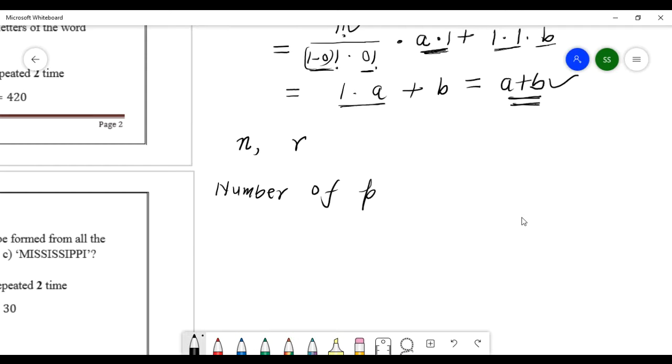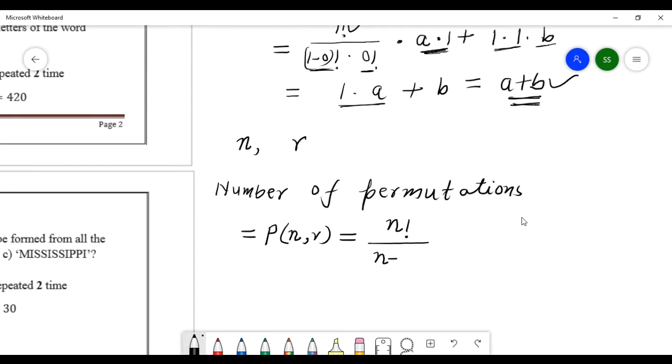Number of permutations, that means arrangement. You will write P with n and r, and this equals, this is the rule, n factorial divided by (n minus r) factorial. This is the rule.